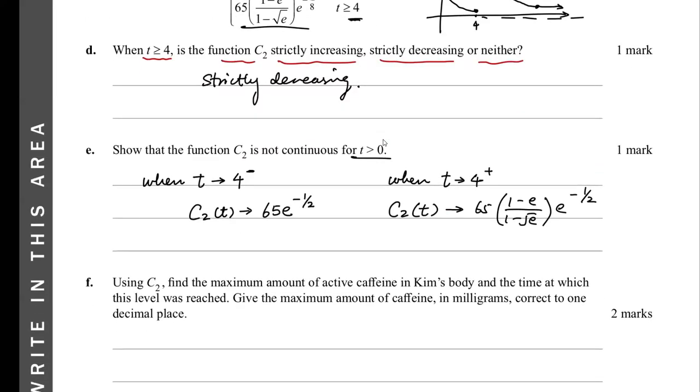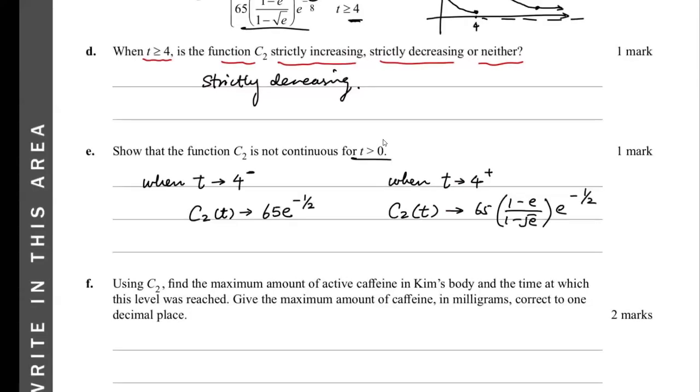From this point on, you can argue that the two y values or C values are different. Therefore, it's discontinuous or not continuous. But to be more rigorous, I would get you to simplify (1 minus e) over (1 minus root e), which is actually (1 minus root e)(1 plus root e) divided by (1 minus root e). So it can be cancelled down further.